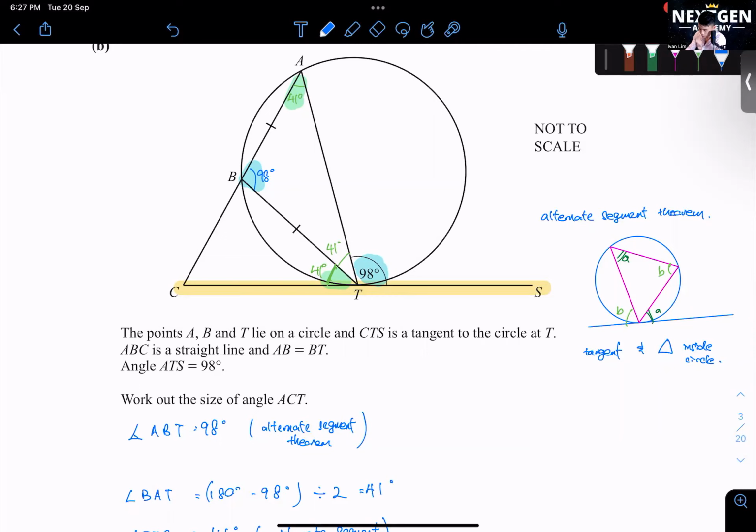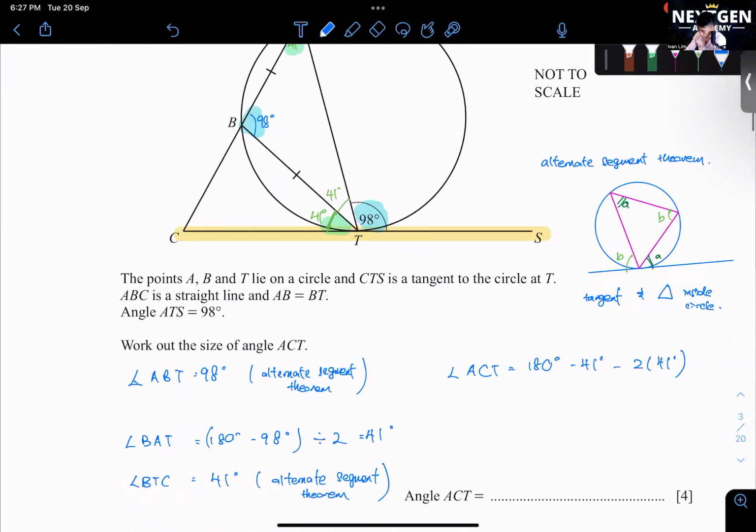So I can say that angle ACT is equals to 180 degrees minus this 41 degrees, and then minus this part here, 2 times 41 degrees. Just type it into the calculator, you get equals to 57 degrees.